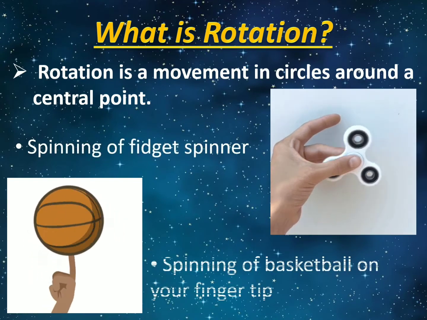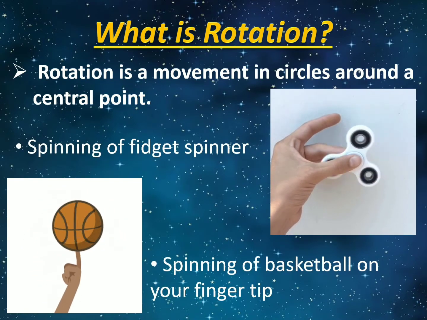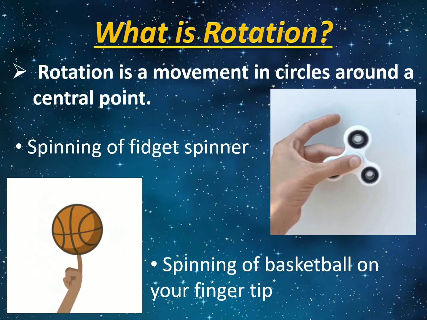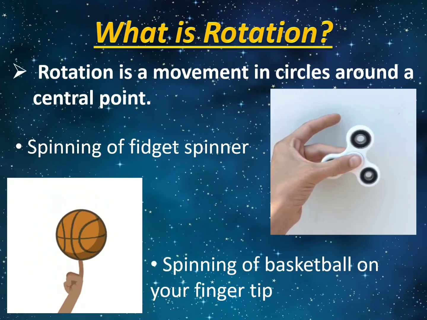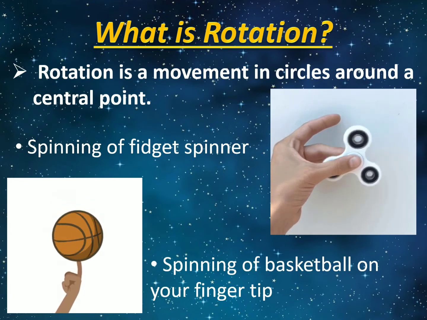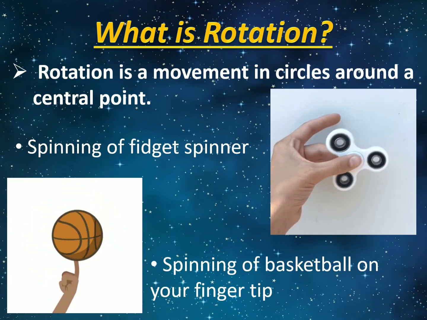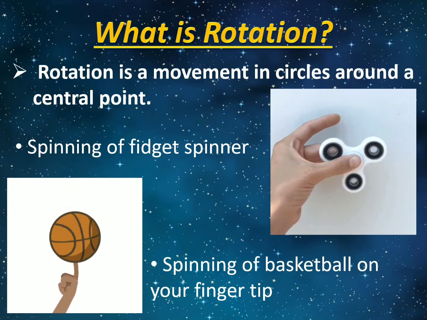Now, what is rotation? Rotation is a movement in circles around a central point. From one central point, the object is moving. That is known as rotation. Children, you must be aware of the fidget spinner. You enjoy playing with the fidget spinner.